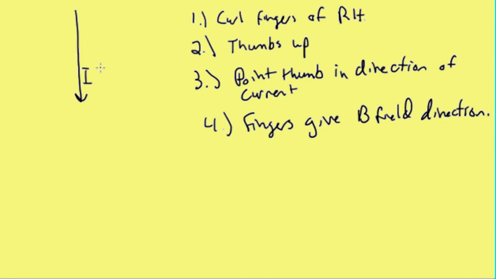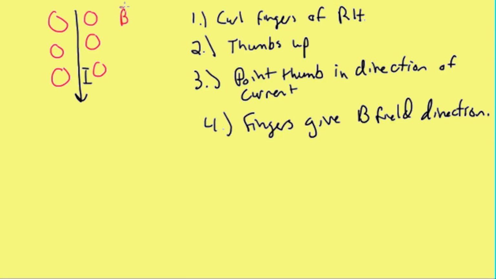Okay, so if we did this here, we would curl our fingers, we'd point our thumb in the direction of the current, so it's towards the bottom of the screen. And now if we look at where our fingers are curled and we draw the B field, then we see as we rotate our hand that we're going to have B field on both sides.